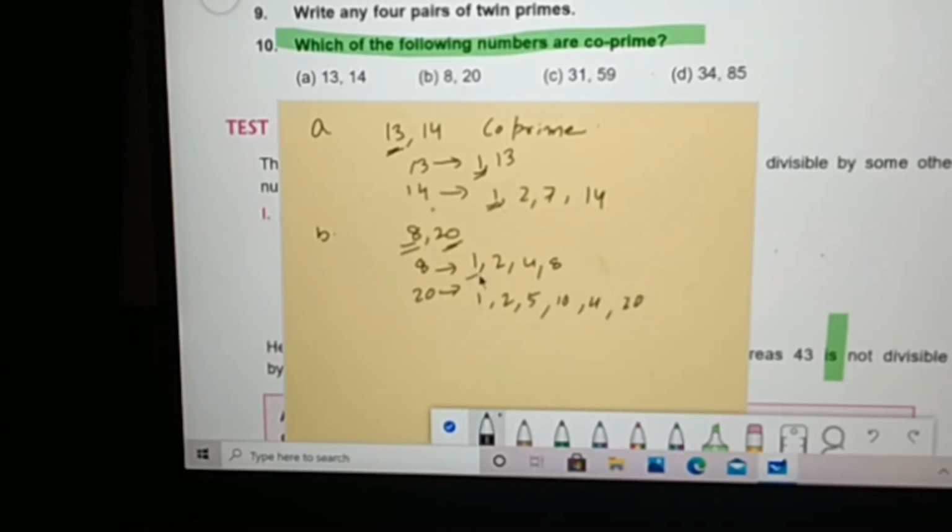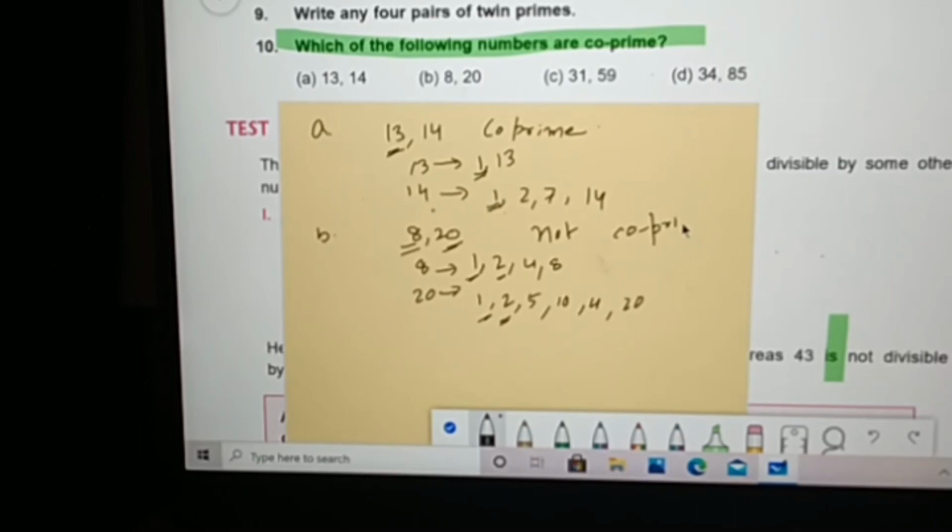So it has common factors 1, 2 and 4. So when it has more than one common factor, then it is not a co-prime number.